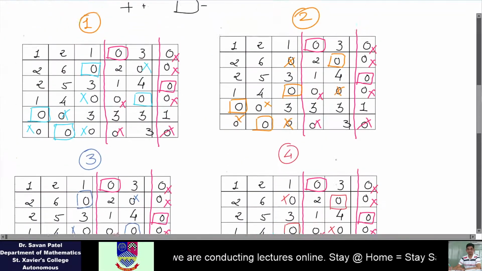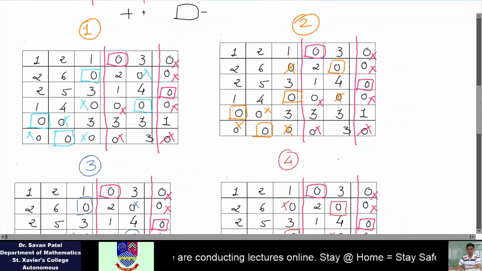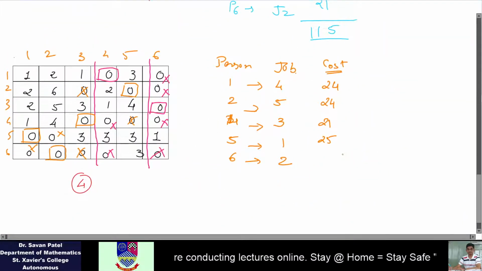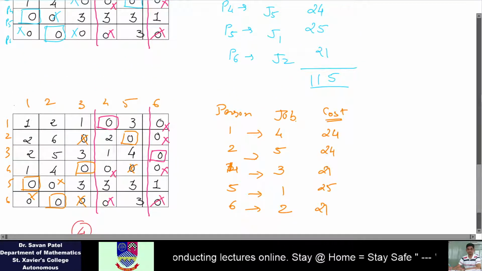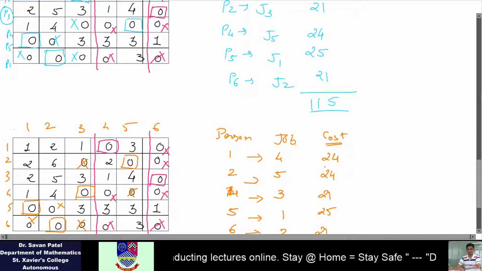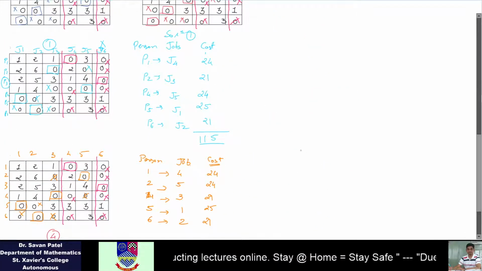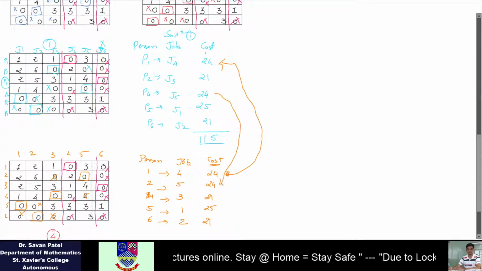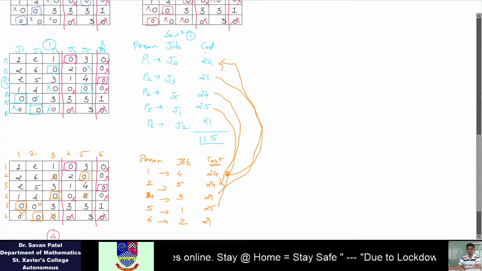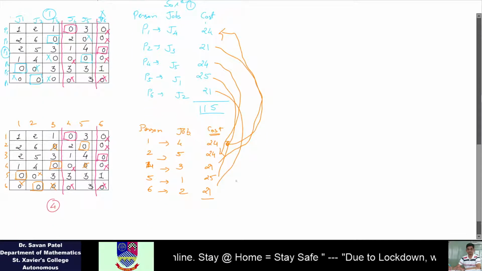Person 6 to job 2 is 21. So if you relate this situation with the previous one, this 24 is here, this 24 is here, this 25 is here, this 21 is here, and this 21 is also here. The total sum will be the same, that is 115.